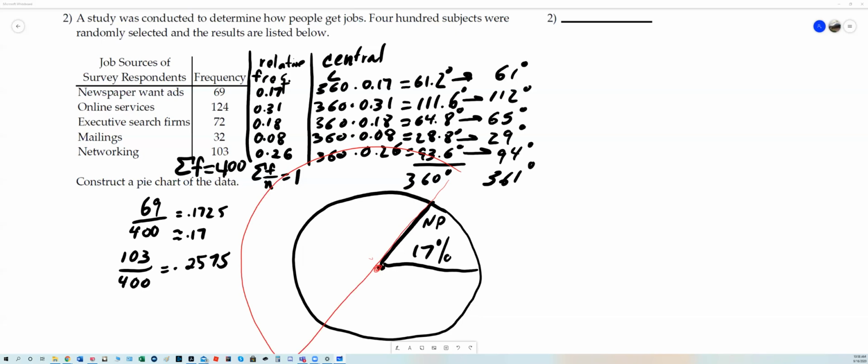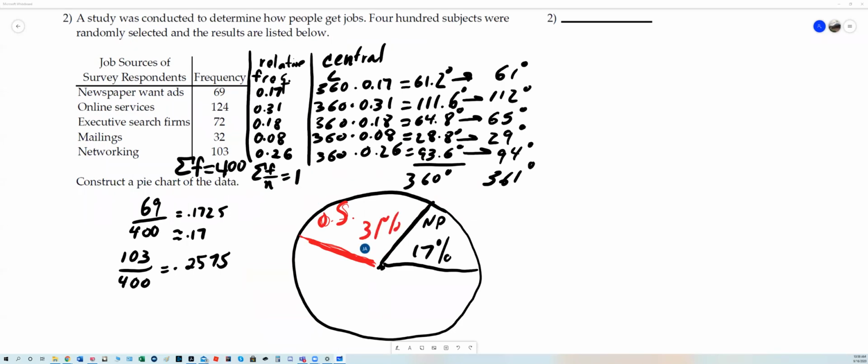I'll erase my protractor there because it's not really a protractor. You measure 112, something like that, and that would be for online services. Let me make this a little bit thicker. Online services, and that would be 31%.